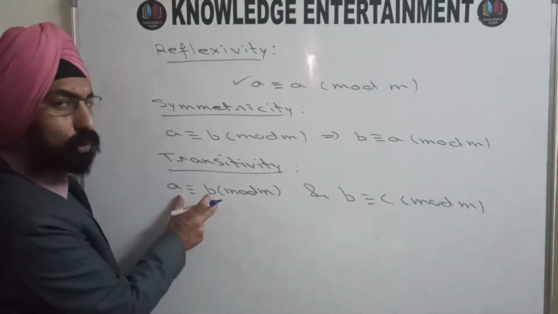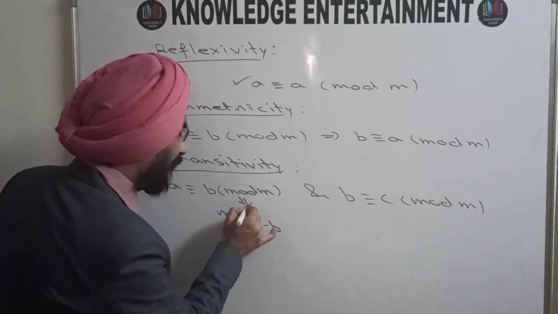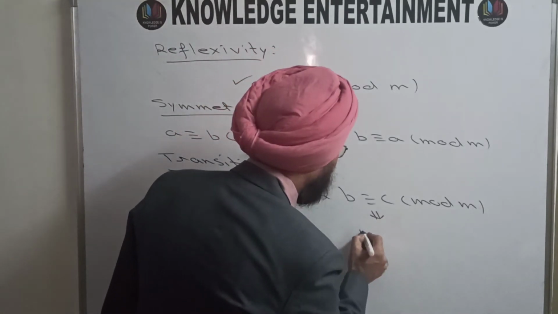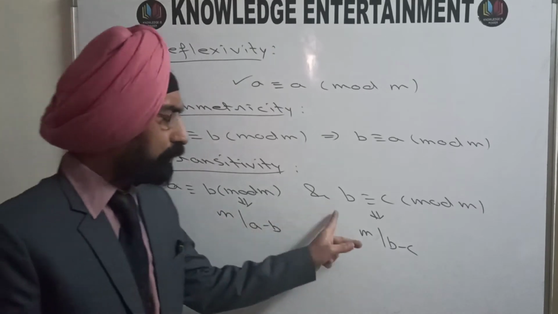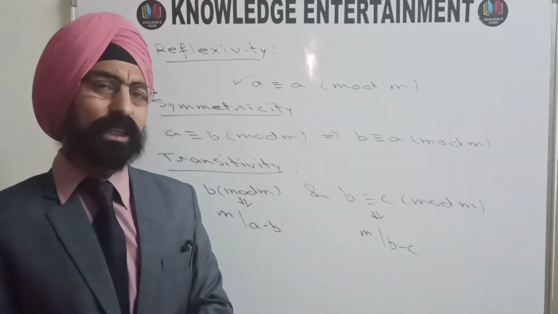Now a is congruent to b modulo m means m divides a minus b, and b is congruent to c modulo m means m divides b minus c. Now m divides a minus b and m divides b minus c, and we know that if m divides two numbers, then m must also divide their sum.